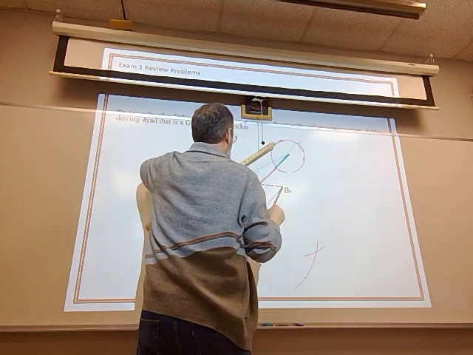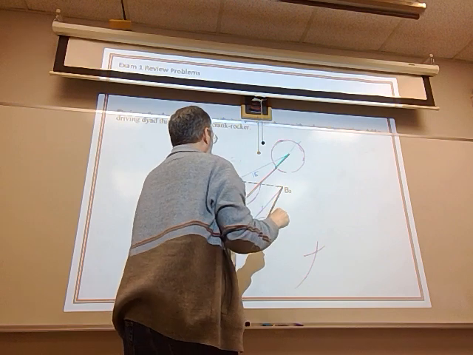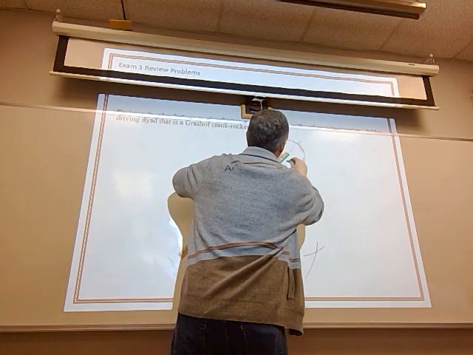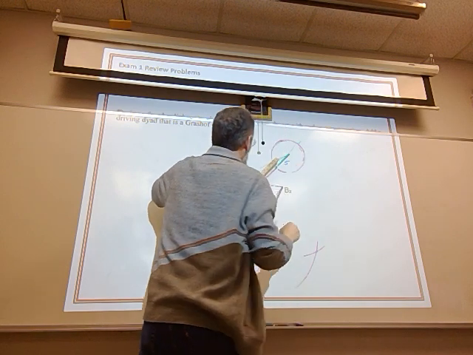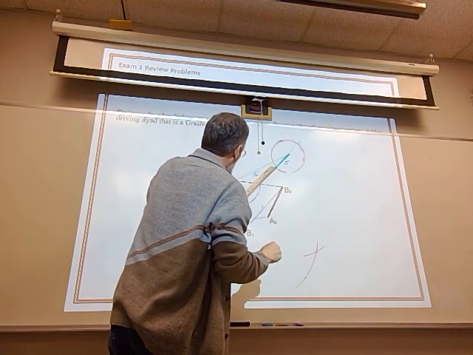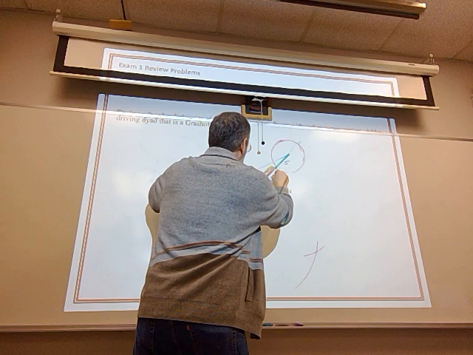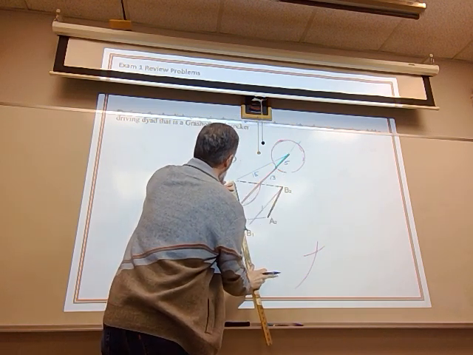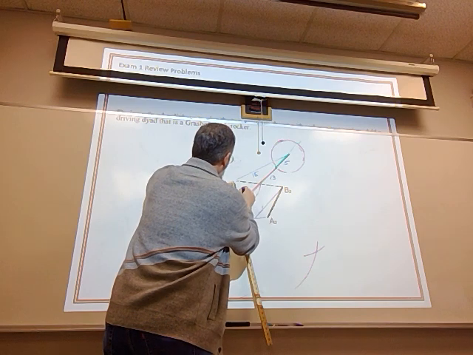It's like 15 and a half. It's easier to do the math. The crank that I have right here is about 5. The coupler is about 13, and then we'll call this 6.